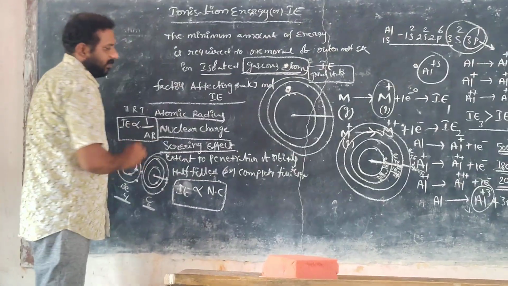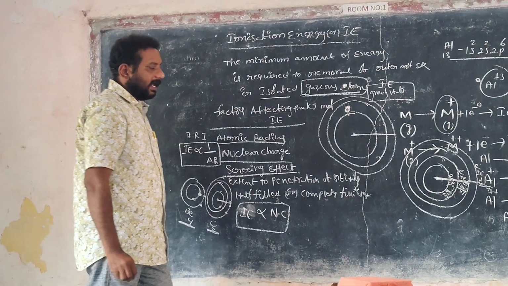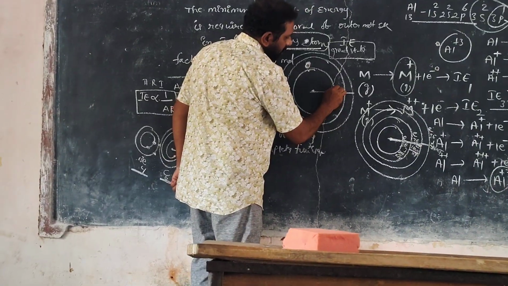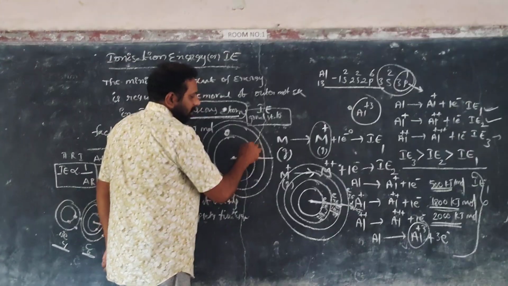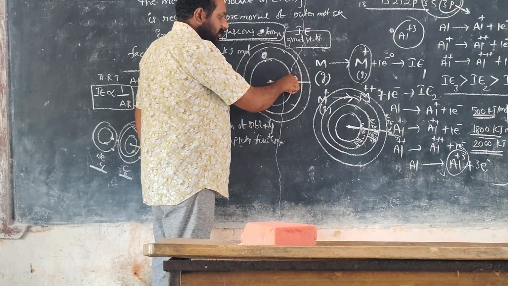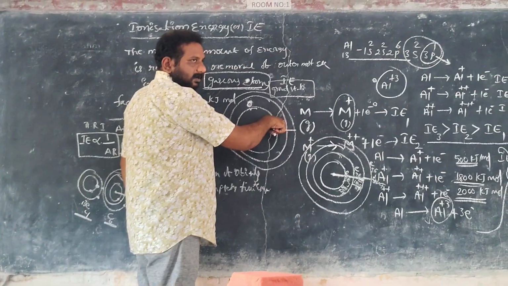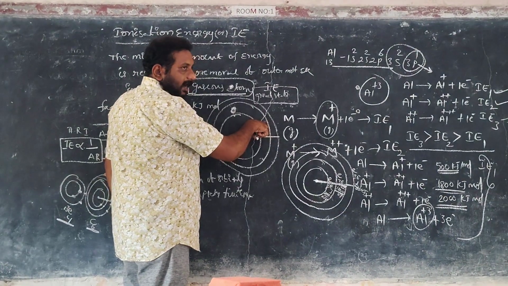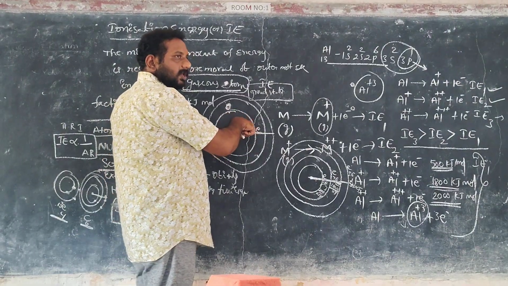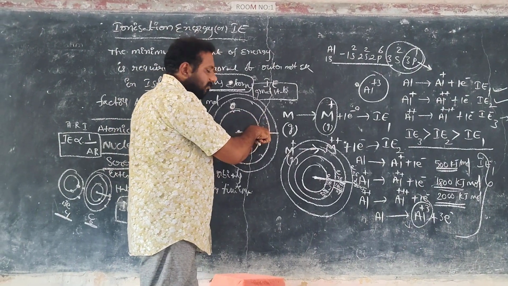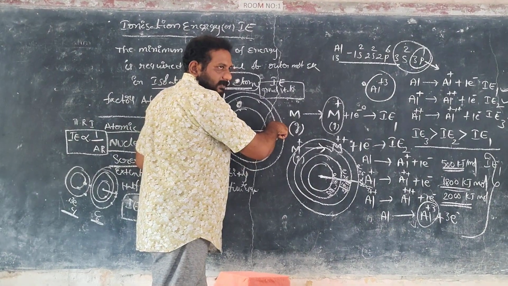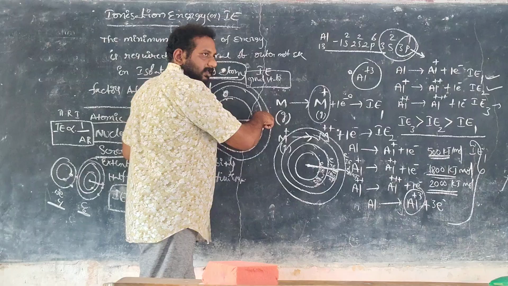Next, the screening effect. The electrons present in the inner orbits screen and reduce the nuclear attraction on the outermost electron.